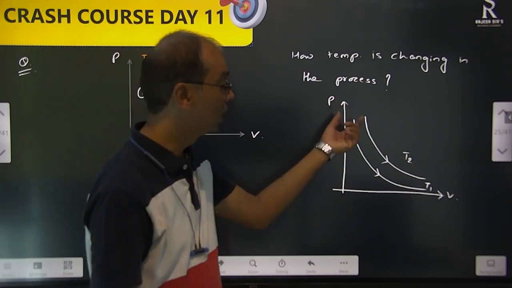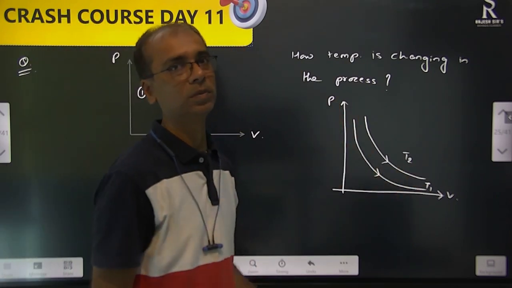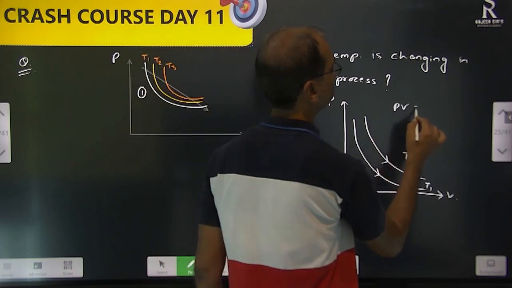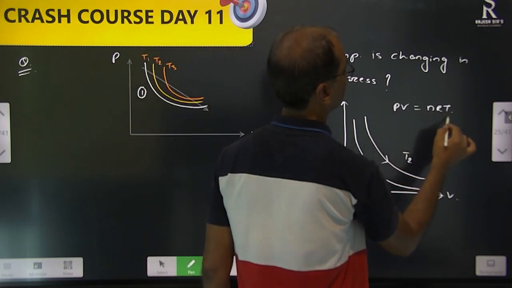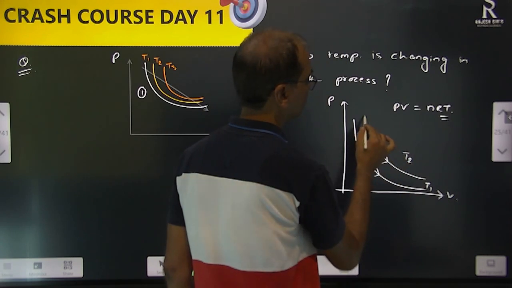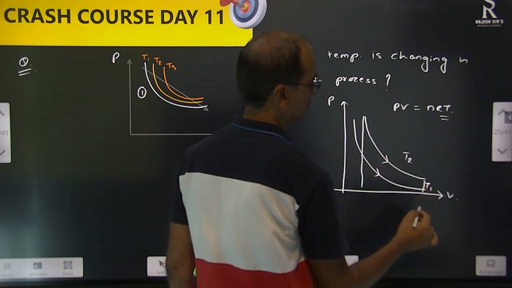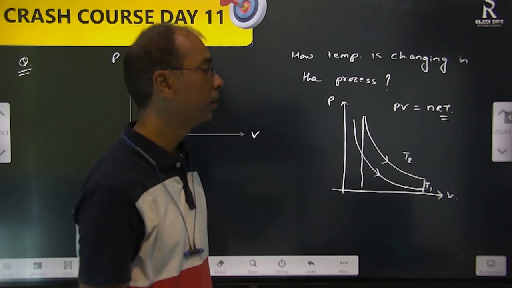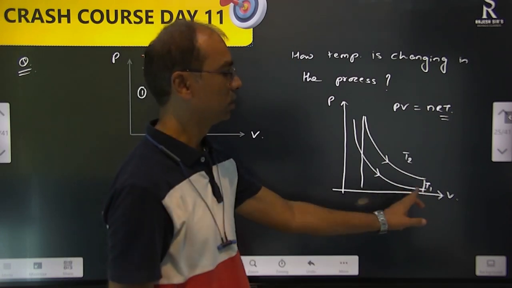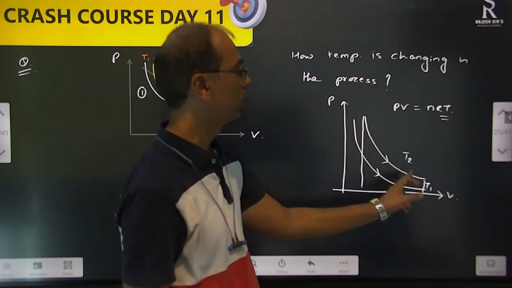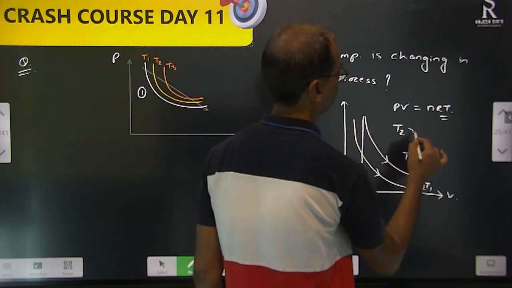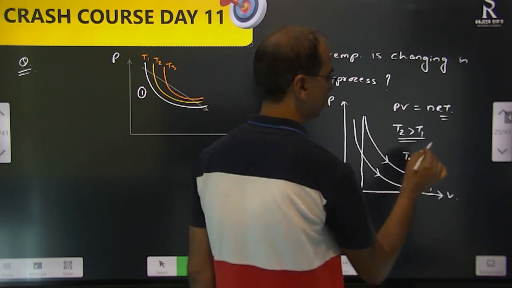Then we said that whose area is more, because PV represents area and PV equal to nRT. Remember that. So we said its area is more because pressure involvement is more in that. The pressure is more as compared to this one. So its area is more, so T2 is greater than T1. This was our answer.